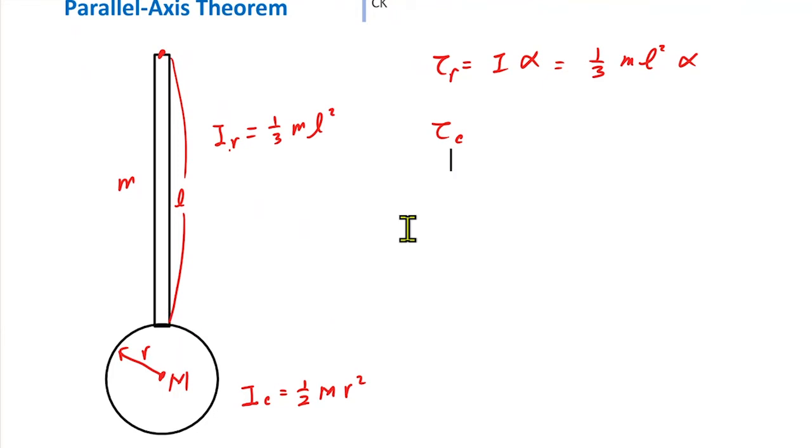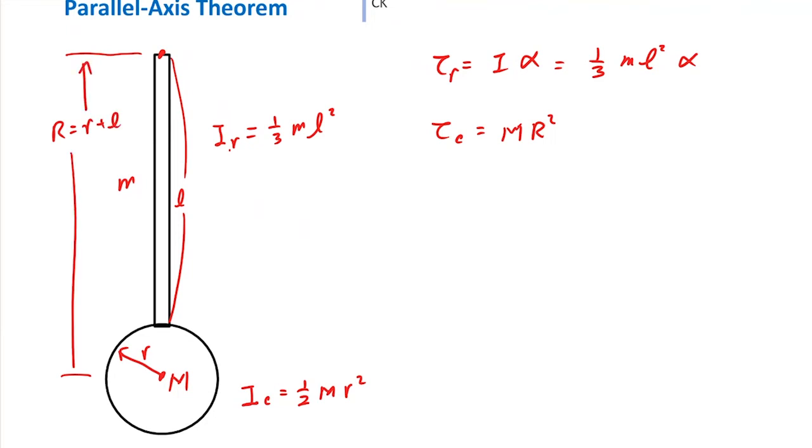So the amount of torque it takes to swing this thing is the moment of inertia, treating this as a point mass, which is M r squared. Now our r here is from here to here, which is little r plus L. That makes sense to you? So M r squared times alpha.